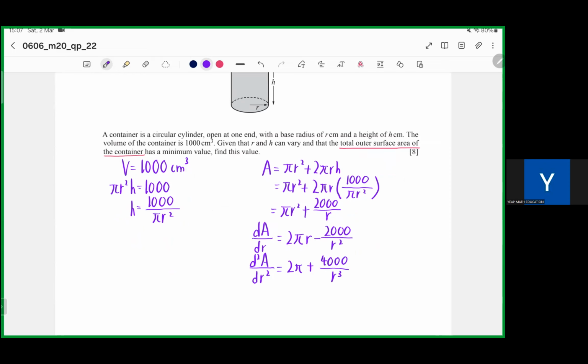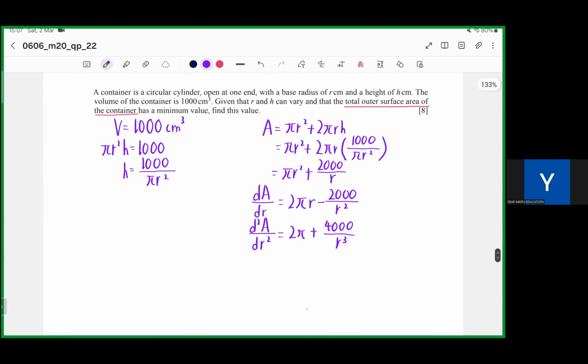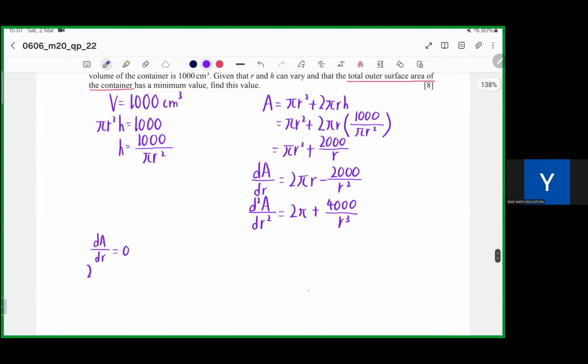Okay, now because it says the total outer surface area of the container is a minimum, we can take dA over dr equals 0. So 2 pi r minus 2000 over r squared equals 0.